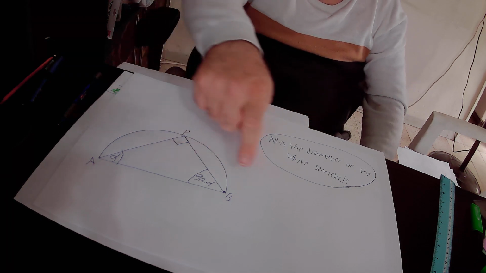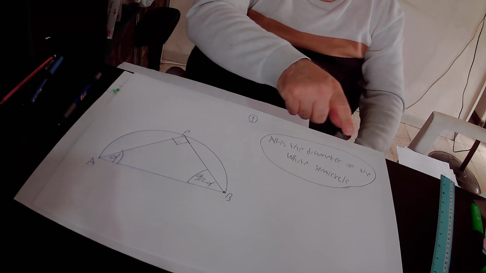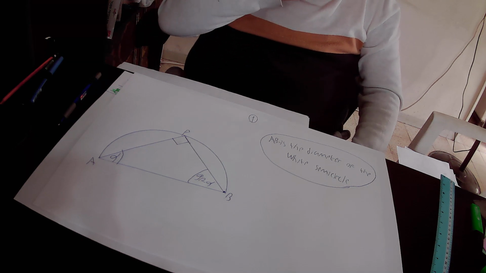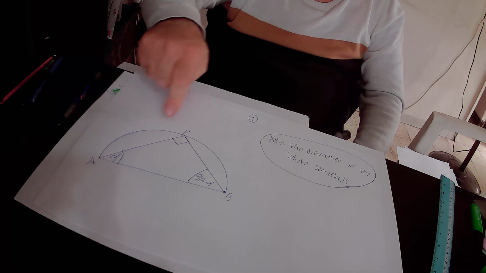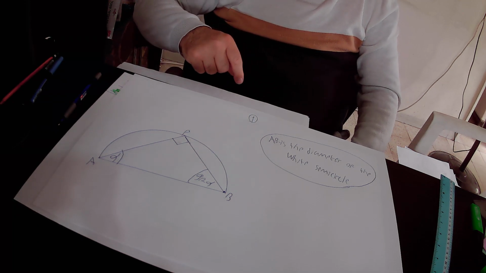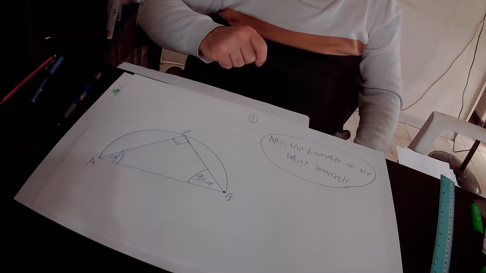Here, AB is the diameter of this white semicircle. By joining points P and B together by a straight line, we created peripheral angle APB, and it is subtended on AB, the diameter of this white semicircle.